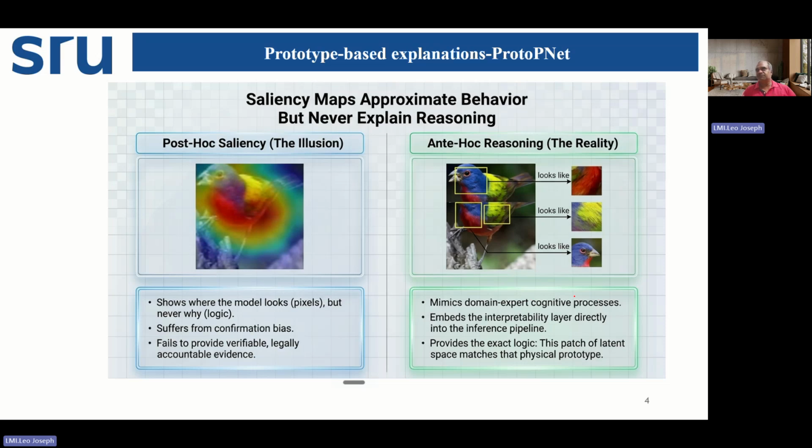Mimicking procedure means we are creating patches. Several data sets are trained, several patches are created. Based on the closeness of the patches, we conclude that a particular space matches a particular prototype. This is why it is called prototype based explanation.